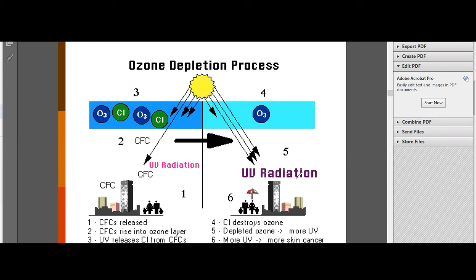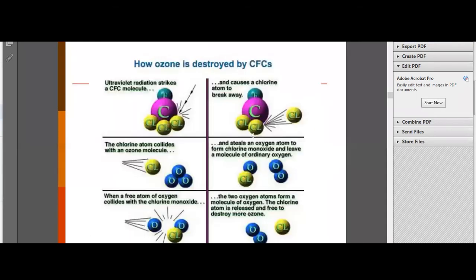Okay, so what actually happens? Why is CFC very dangerous for ozone? First, the ultraviolet light will strike the CFC molecule, in this case CFCl3, and cause a chlorine atom to break away.